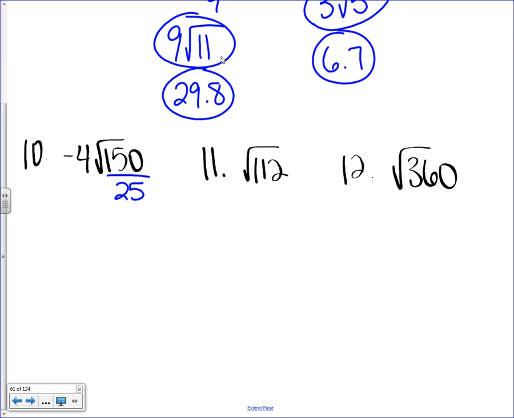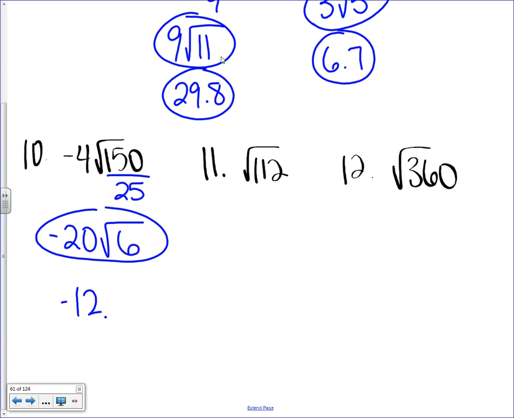Folks, what is the square root of 25? 5, but isn't there a 4 already out there? So we're going to multiply them, and it makes negative 20. Now, what is 150 divided by 25? 6. Can you divide any other perfect squares out of 6? No, I can't. Can you give me a decimal approximation?